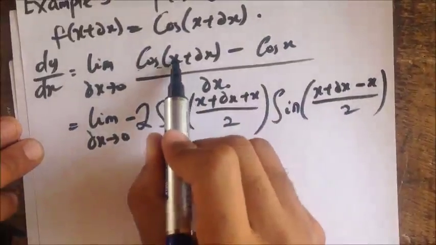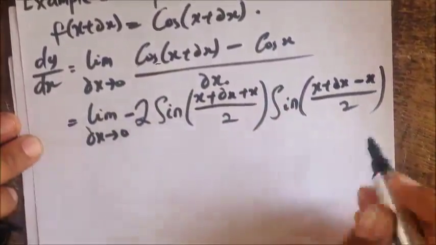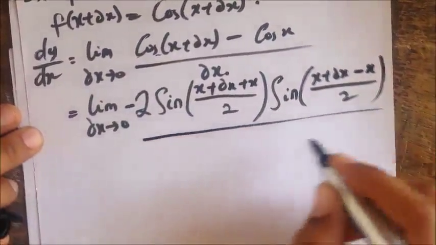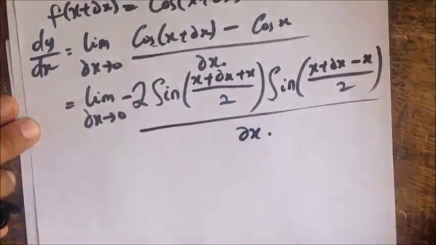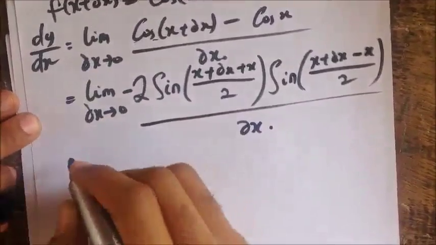Meaning the first plus the second divided by 2 and the first minus the second divided by 2 for the sines, all divided by delta x. This is an identity. So now we try and simplify this.